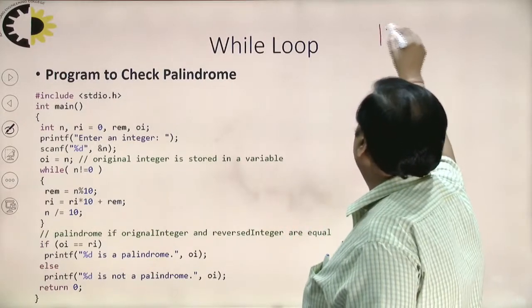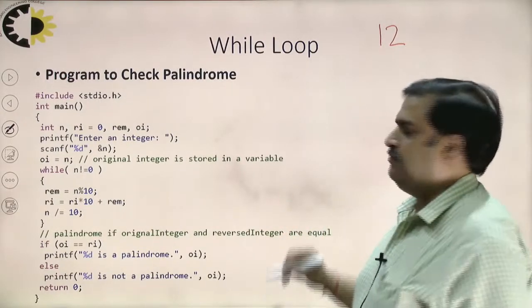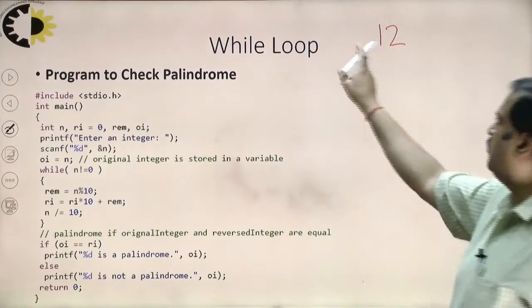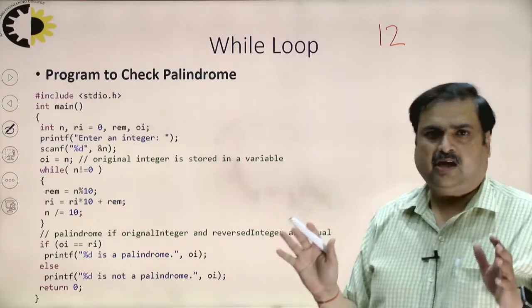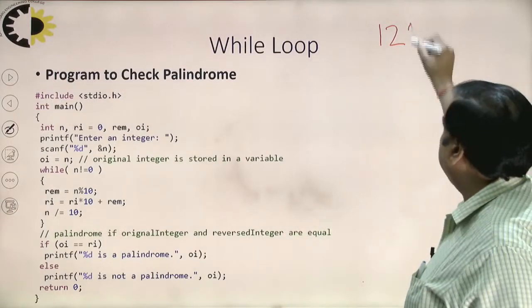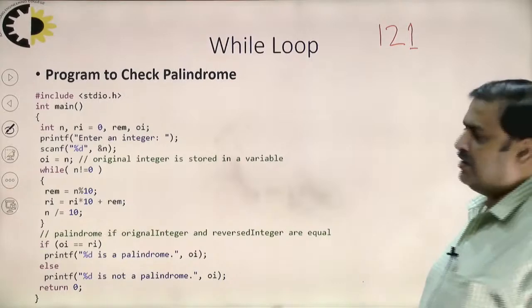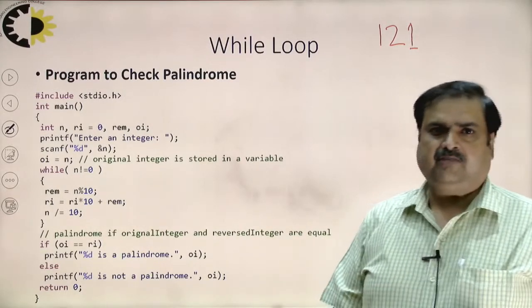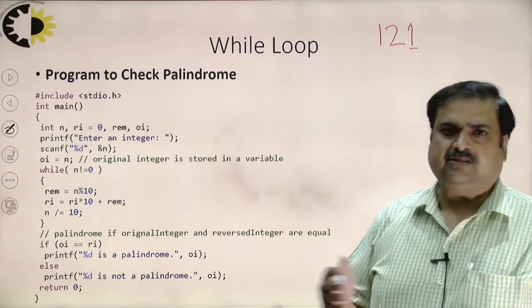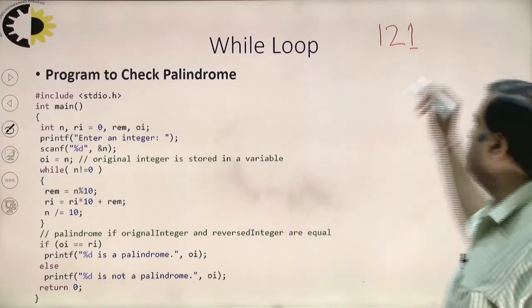Like if we say 1 2, from forward 1 2, from backward 2 1, so it is not a palindrome number. But if we say 1 2 1, then you can check from either direction, we get the same sequence, 1 2 1. So this number will be called a palindrome.